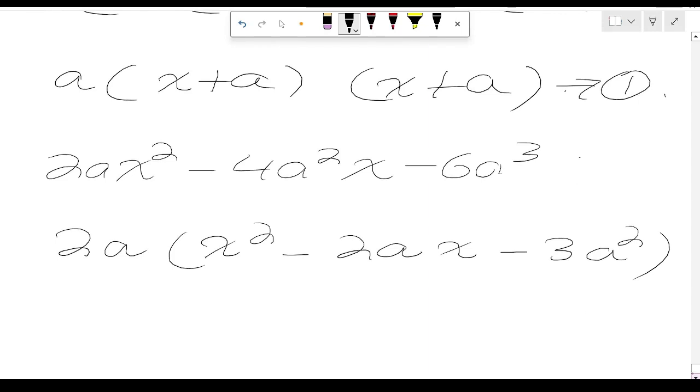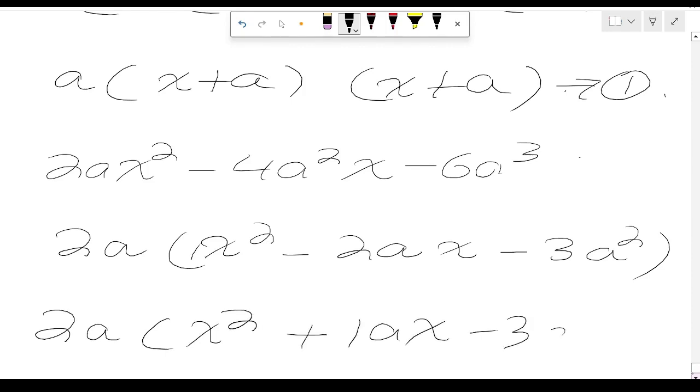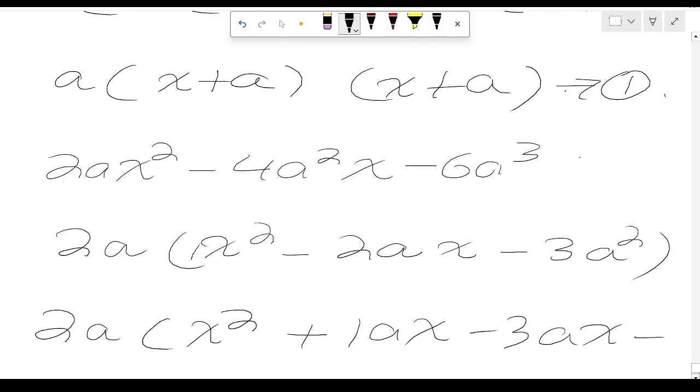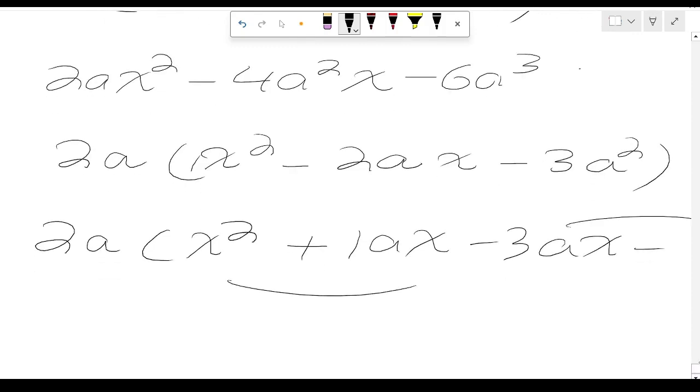Now we need to simplify this too. Here the coefficient of x square is 1. Now we need to find the factors for this quadratic equation. So 2a bracket x square will remain the same, but we will have 1ax here and negative 3ax there, subtracted from 3a square. Now what do I need to do next? Make pairs for these terms. So I will have 2a bracket, I'll pick x.